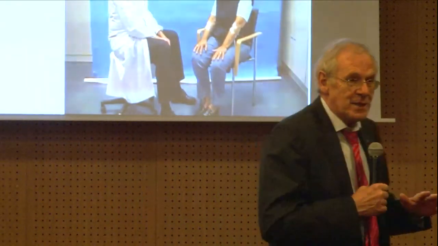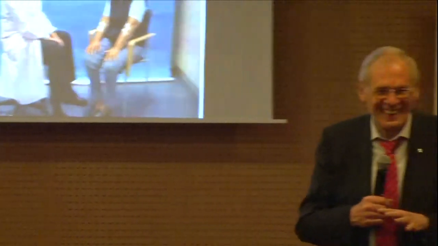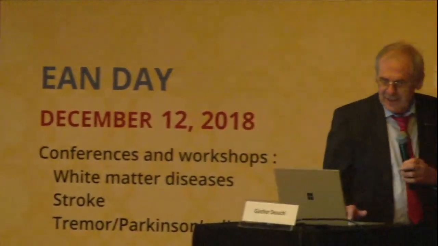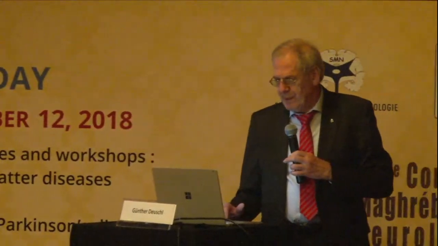I think that's the age. And this is the other side of the spectrum. I mean, this is already a pretty bad tremor, one must say, suffering from a very severe essential tremor, and that's about the spectrum that you have.